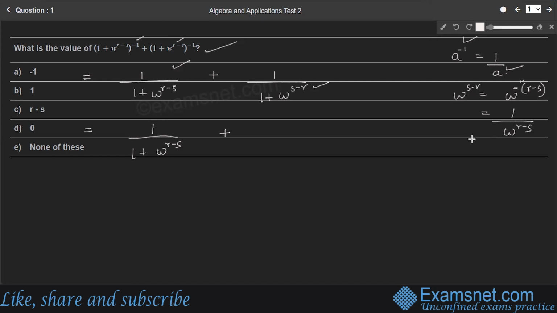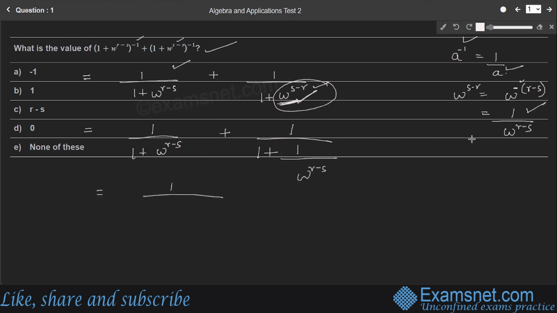So in place of w raised to s minus r in the second term, we can write 1 by w raised to r minus s. Yes, therefore the second term can be written as 1 by 1 plus 1 by w raised to r minus s, right?